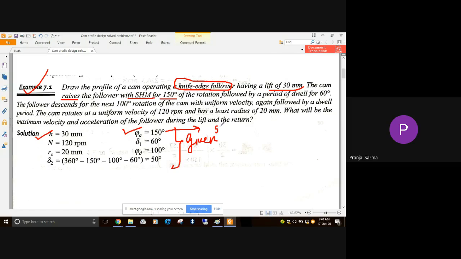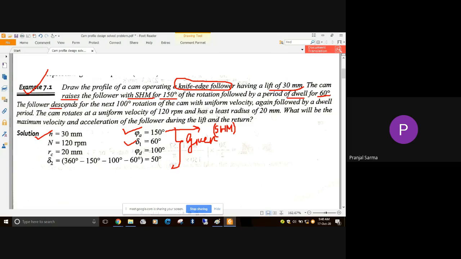In brackets you always mention the scheme of movement, so that later on you don't make mistakes while drawing the displacement diagram. 150 degree of rotation is followed by a dwell period of 60 degree. That means after the rise stroke we have the first dwell, delta 1, and the angle is 60 degree.